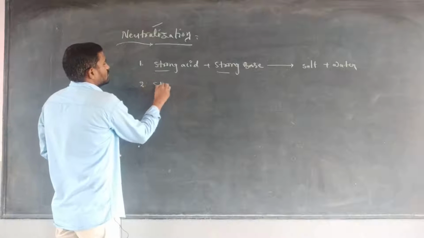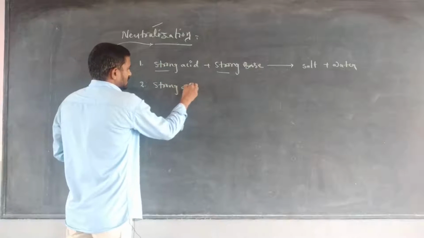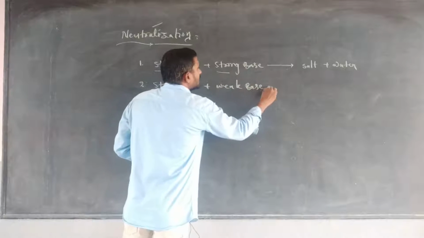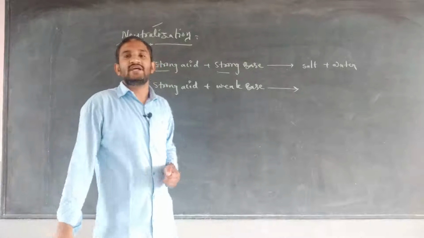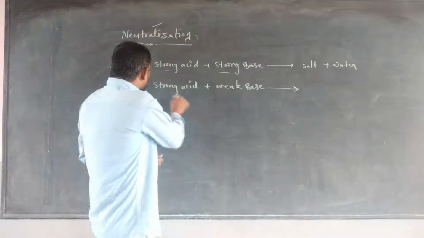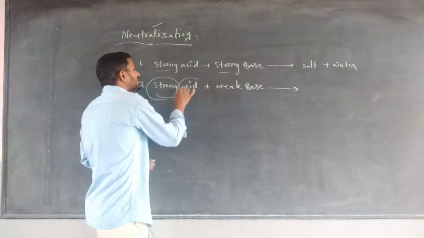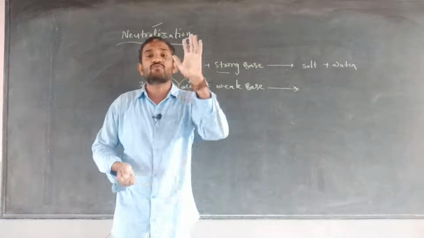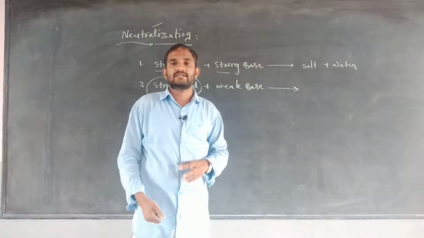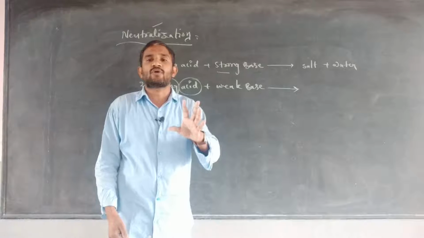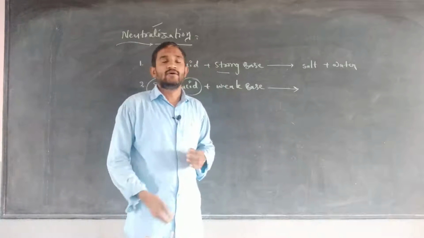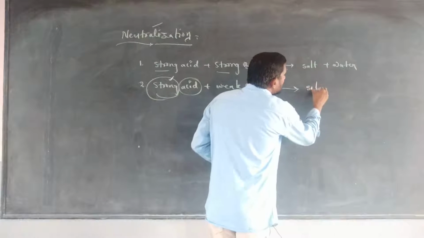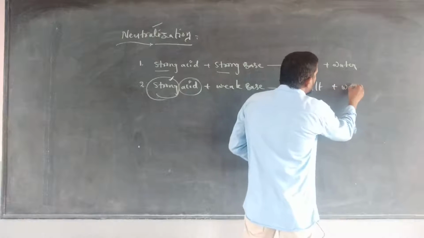Second reaction: strong acid and weak base. That means who is the dominator? The acid is the dominator here because the acidic strength is more compared to the basic strength. The compounds formed are salt and water.